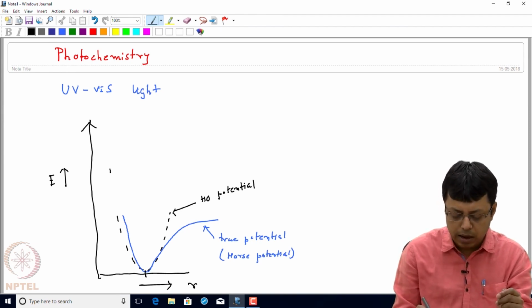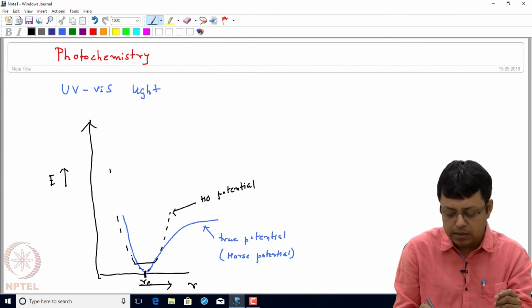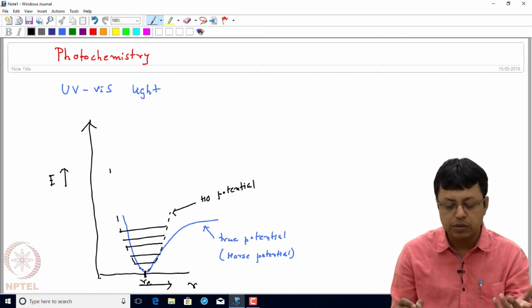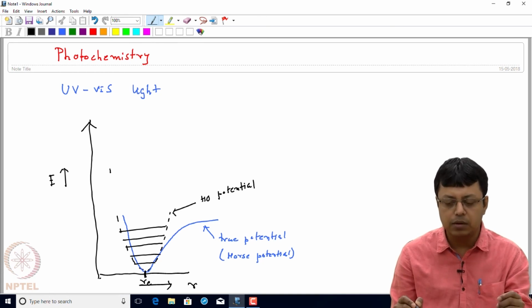So here I have the equilibrium bond length. Now we have many energy levels. Let's approximate it as a harmonic oscillator, although at a very high energy level close to the dissociation you cannot make that approximation, but just for the sake of argument, let us think that we are approximating it to be a harmonic oscillator.